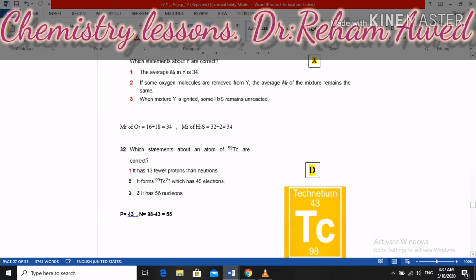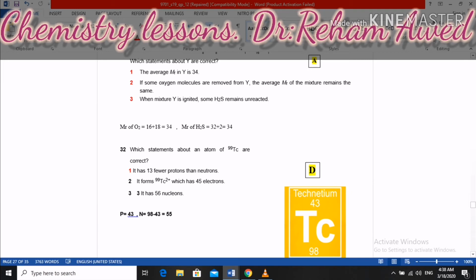It forms Tc 2+, which has 45 electrons. Plus 2 means we have positive ion. Positive ions means our atom will lose 2 electrons, not accept 2 electrons. So its number of electrons will decrease by 2 electrons. And its number of electrons will be 41, not 45.